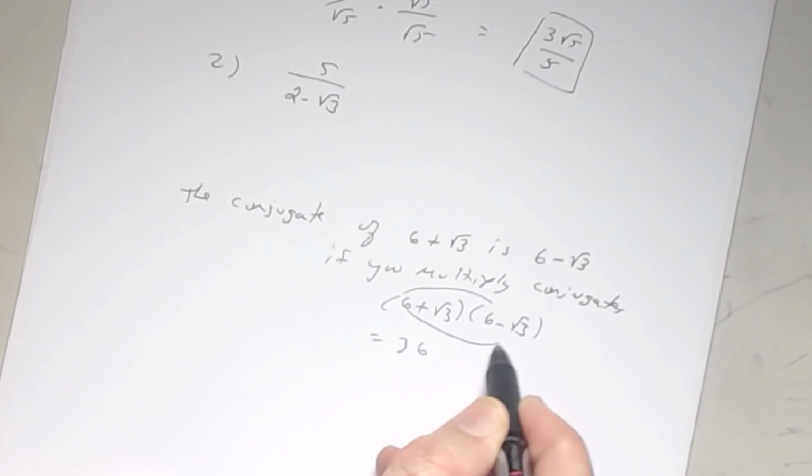What do you notice about the outer and the inner? They're opposites. One is 3 times the square root of 6, the other is negative 3 times the square root of 6. So what do you notice about the outer and the inner? They cancel out. Yes, it's 0.